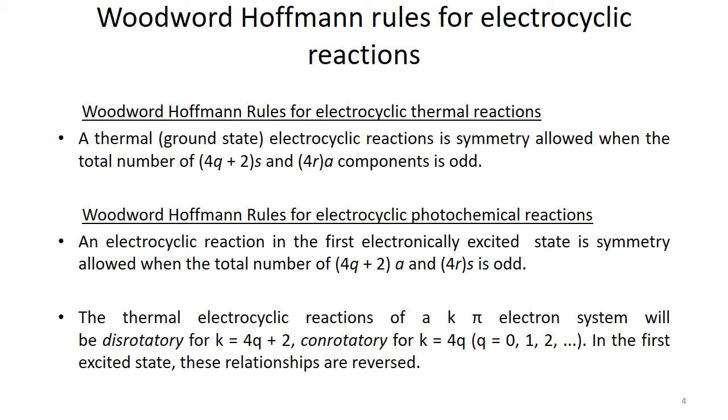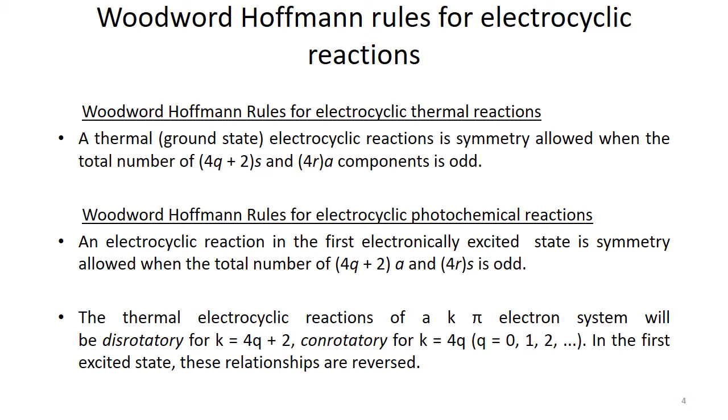But if we modify it, because these rules fit more precisely on cycloaddition reactions, where we consider two components interacting together in a suprafacial or antarafacial mode. In an electrocyclic reaction, sometimes we have only one component, so we don't talk about suprafacial or antarafacial.